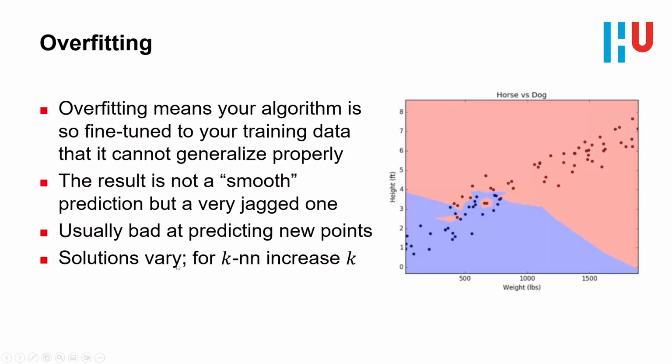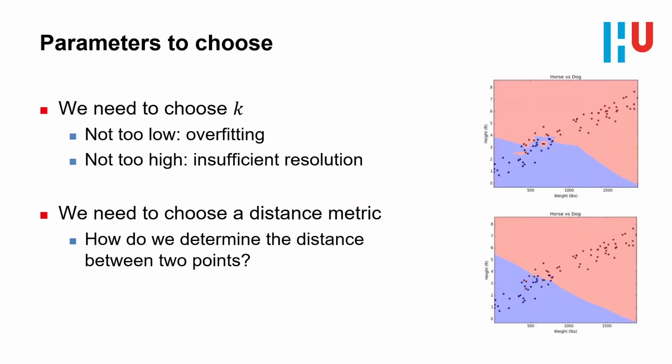What you could do to work around this, and we're going to show that also, is just make the k bigger. By definition, then your boundary will get more smooth. But you can also vary it and just see what is your optimum setting.